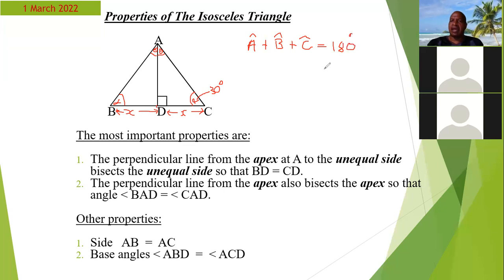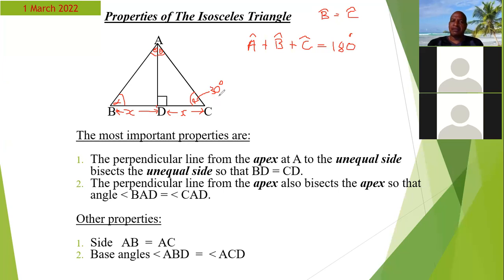All right. And we also know that base angle B must be equal to base angle C. So we know that. So if we know one of the base angles, we automatically know the other one.